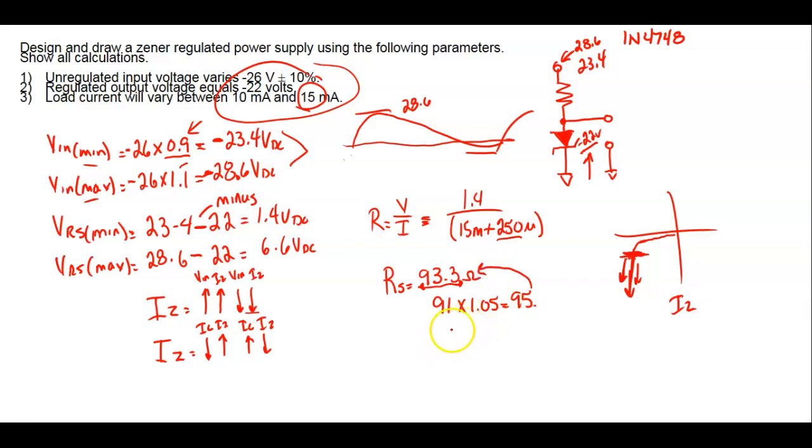It's over that. So what's our next standard? 82 times 1.05. It's going to be right because that other one was so close. What do we got here? Which is great, right? So we're going to use an 82 ohm resistor there.